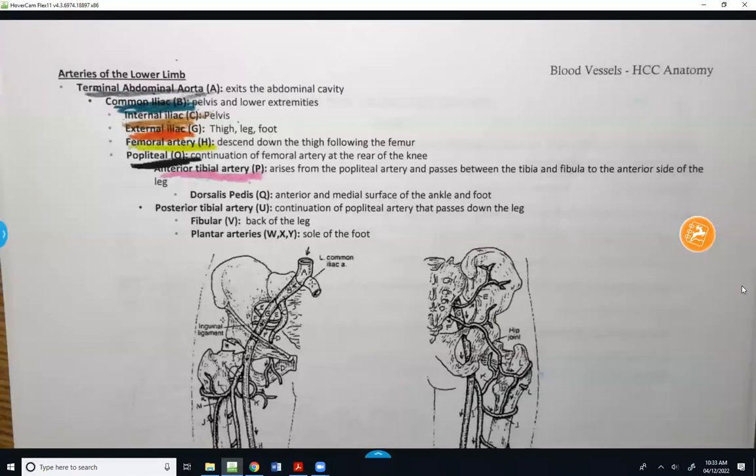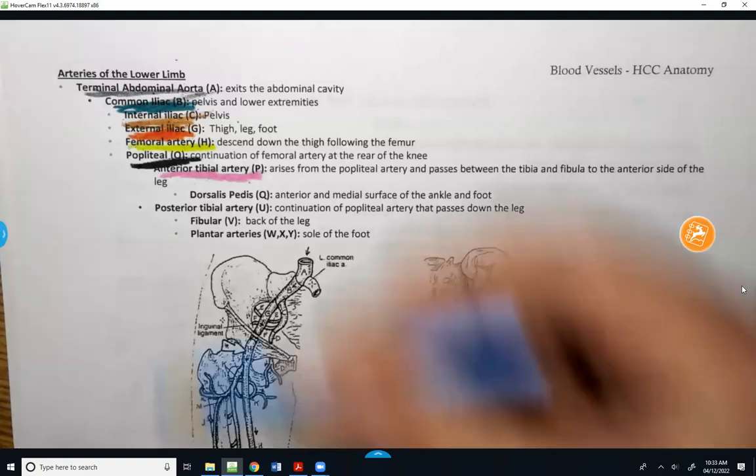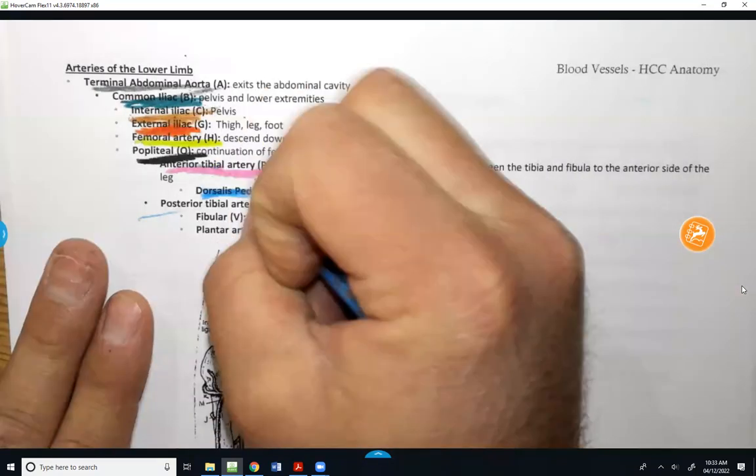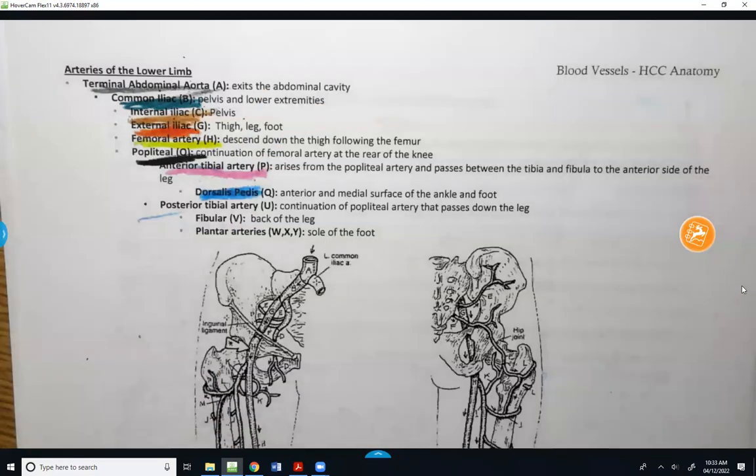And then on the top of the foot is where you find the dorsalis pedis, which I will color baby blue. Posterior tibial, let's color it peach.